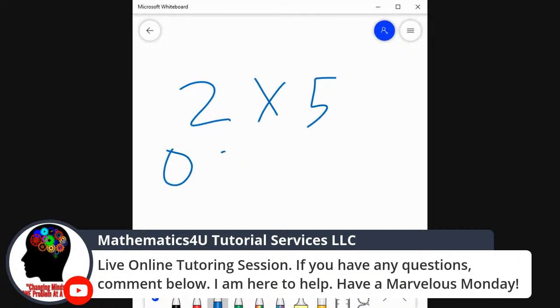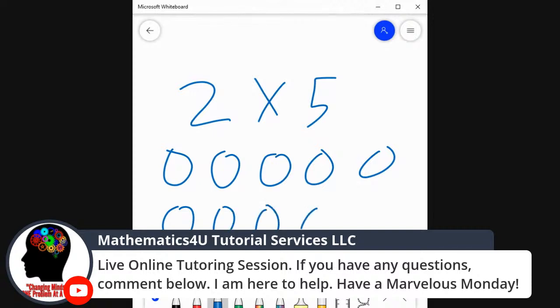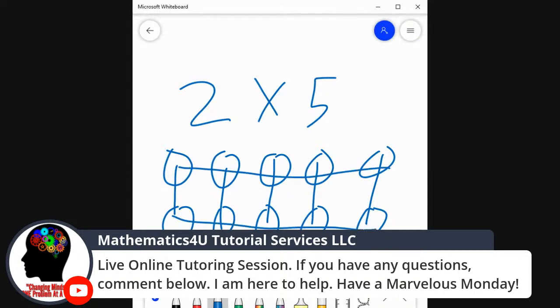One group of 5 cookies would look like this, and another group of 5 cookies would look like below. Then I would help you count them by either twos or fives. So you have 2, 4, 6, 8, 10, or 5, 10. Does that help answer your question, Miss Sparkle?